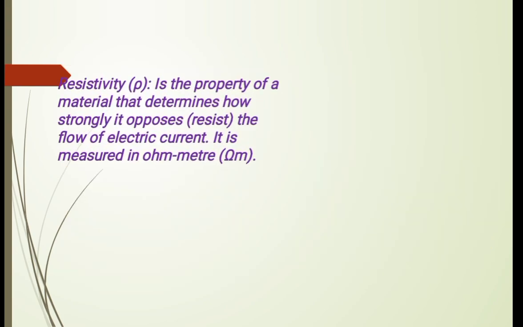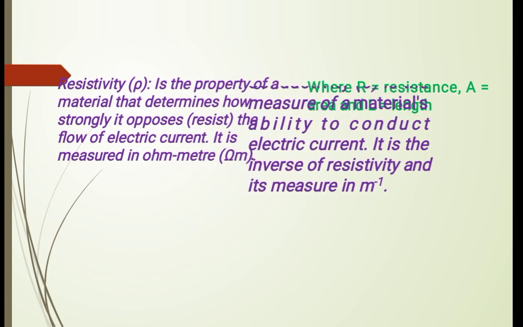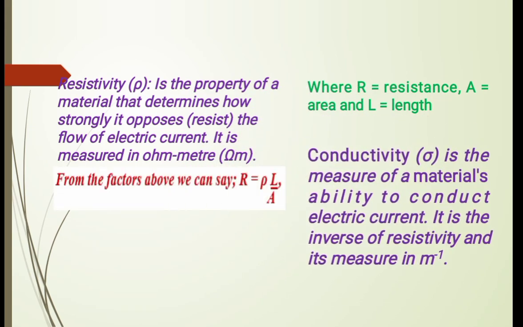Let's quickly look at what resistivity is and how we relate it with the resistance of a conductor. Now, resistivity, which is represented with the Greek symbol rho, is the property of a material that determines how strongly it opposes, that is, how strongly it resists the flow of electric current, and it is measured in ohm meter.